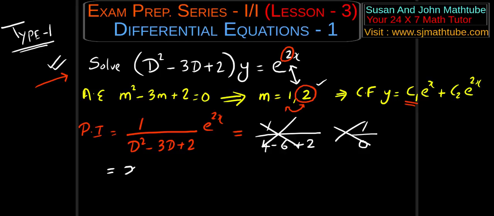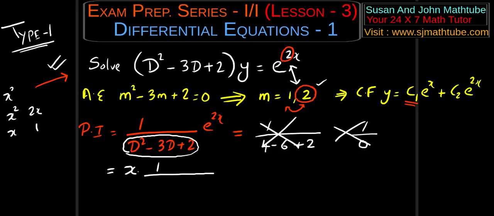What you do is you put 1·x, and then you differentiate this as if this is an algebraic function. You know the derivative of x² is 2x. So kind of like that, and you know that the derivative of x is 1. You know the derivative of x³ is 3x². And you know the derivative of a constant is 0.